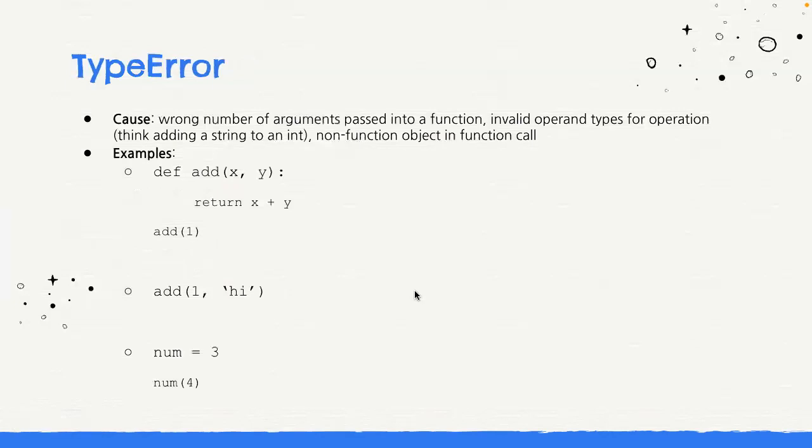Another error is type error. Basically, you're passing in the wrong number of arguments, you're passing in the wrong type of arguments, or you're making a function call with a variable that's not a function. Here are some examples. This first one is when you're passing in the wrong number of arguments. This function asks for 2 parameters, and we only pass in 1 here.